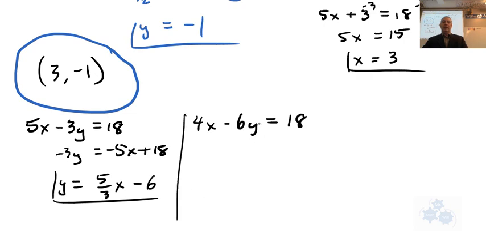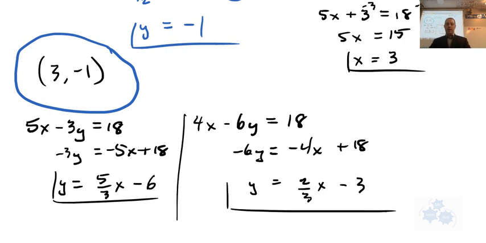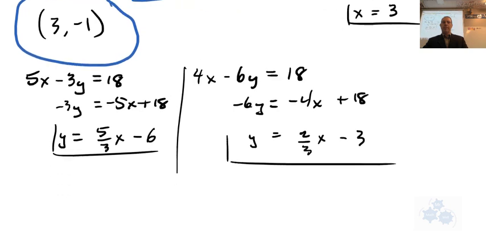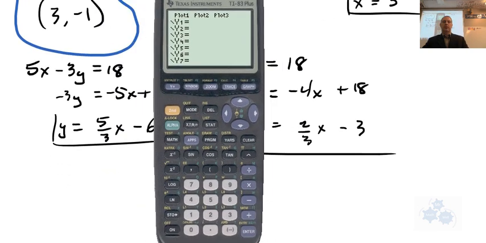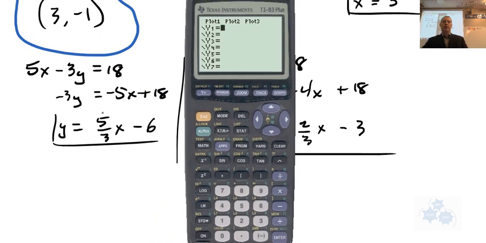And the second one then, divided by negative 6, we're going to have positive 4 over 6, or 2 over 3x. And this is going to be minus 3. Does that look right? Have I done all my mental math correctly? Okay, well, we'll see. So let's plug the first one in.